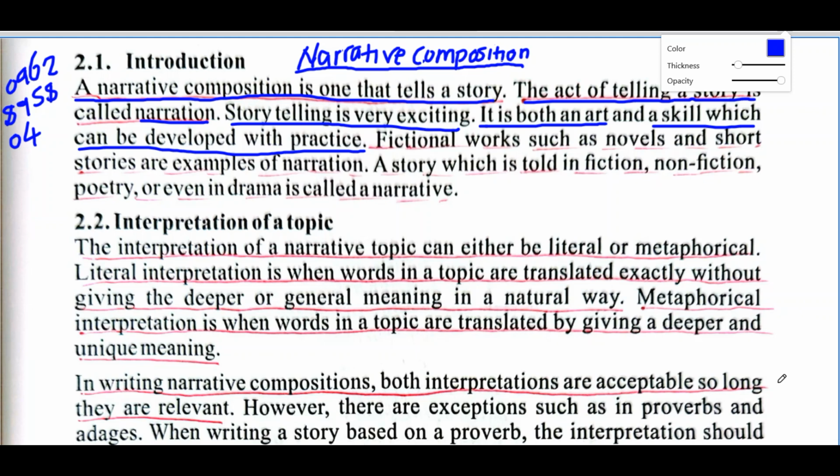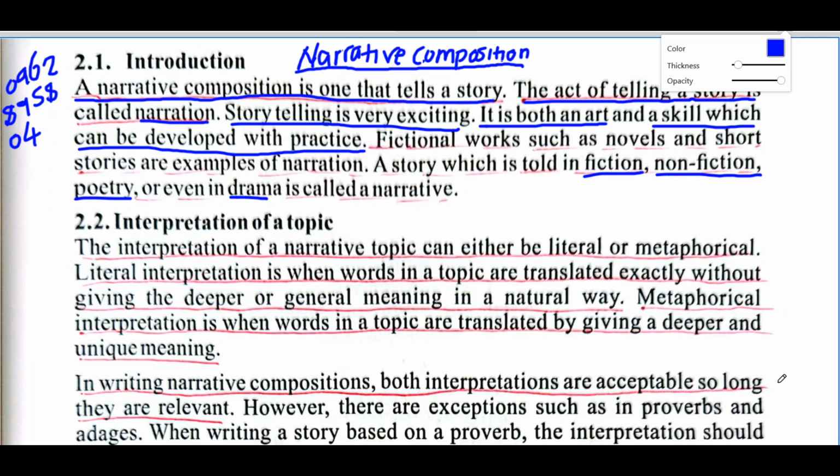Practice also involves that you at least read a book every day. It can be a fiction book, non-fiction, poetry, or even a drama. As long as it is a story that will assist you to move to the next level.